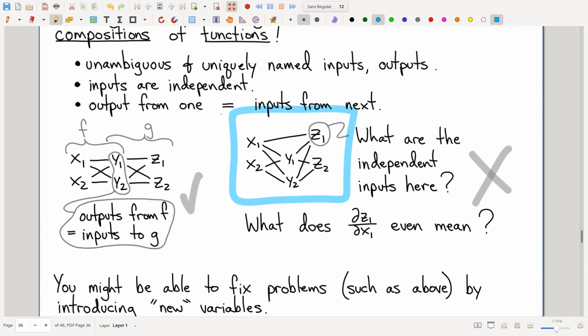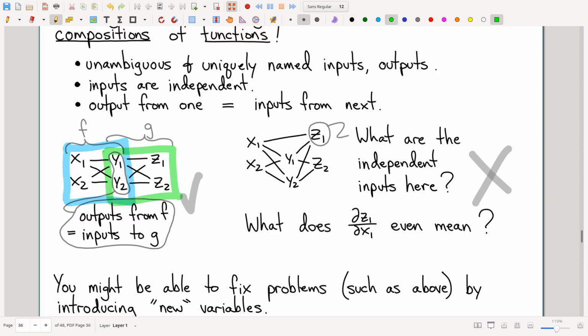Specifically, if it were going to be a composition, I need to be able to say, there's my first function, inputs and outputs unambiguously identified. Here's my second function, inputs and outputs unambiguously identified. The inputs are independent of each other, right? Y1 is not a function of Y2.